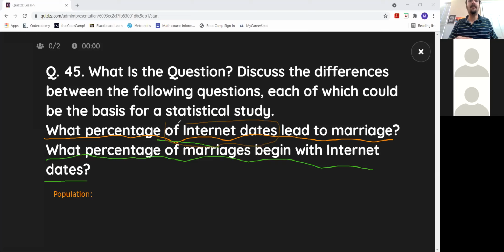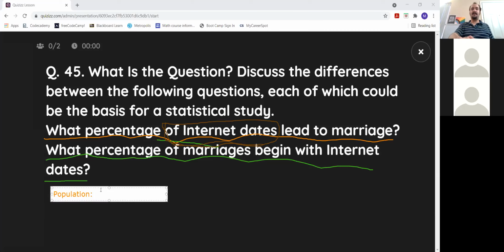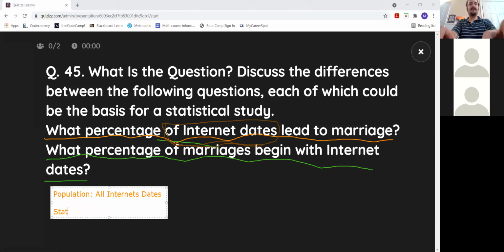This is telling me the population I should draw from. So of internet dates, how many led to marriage? I'm going to go to all internet dates, and the statistic is going to be, are you married? I'm going to find the percent of people married.